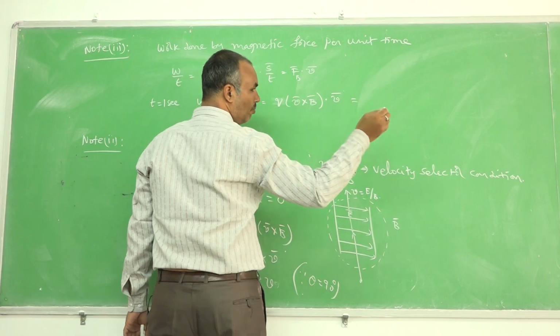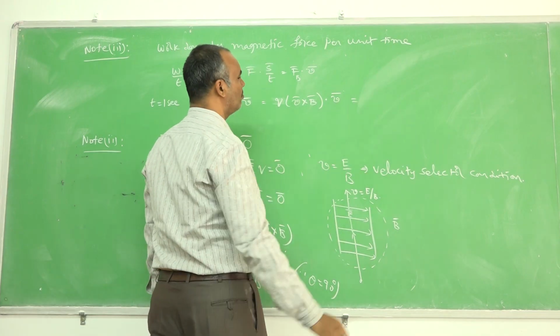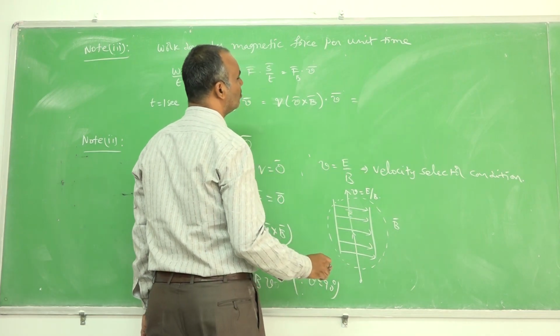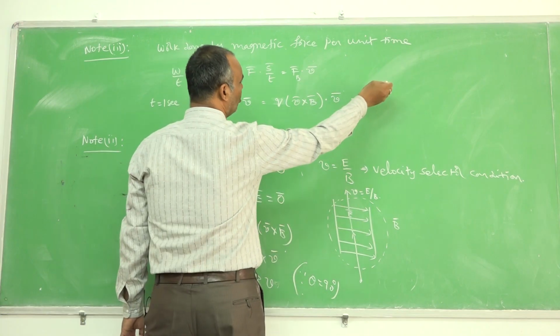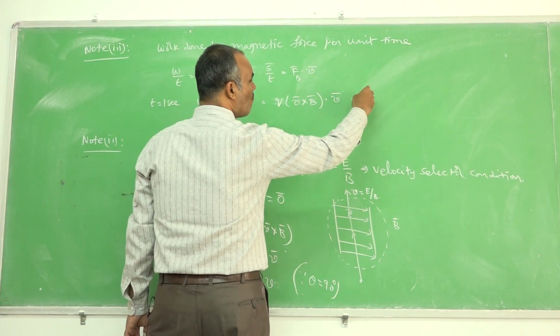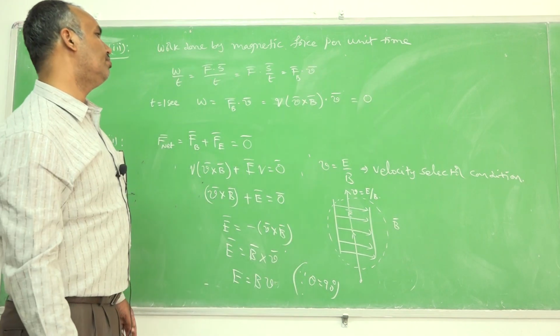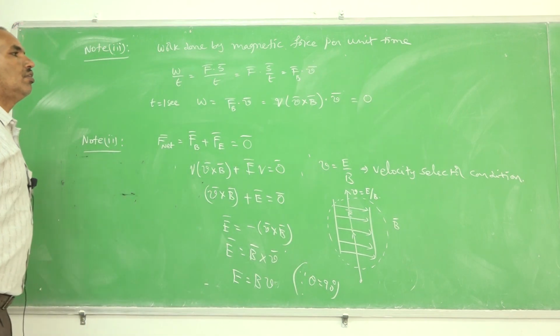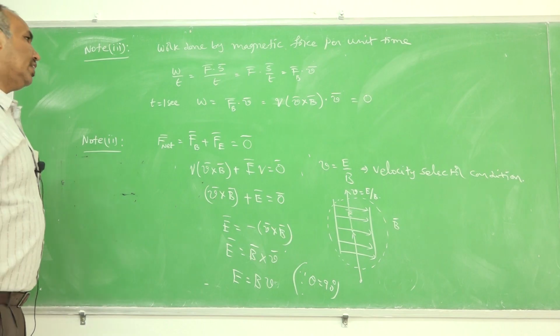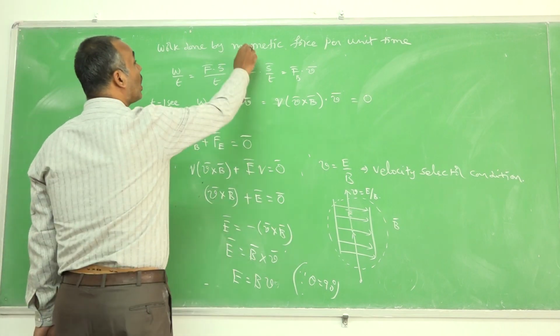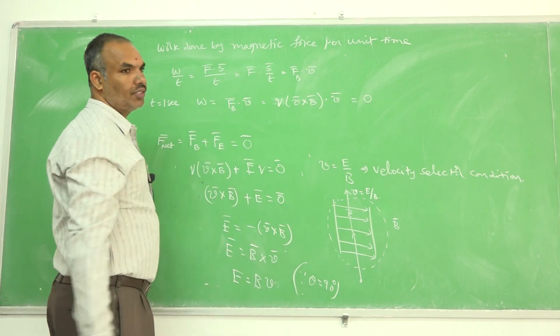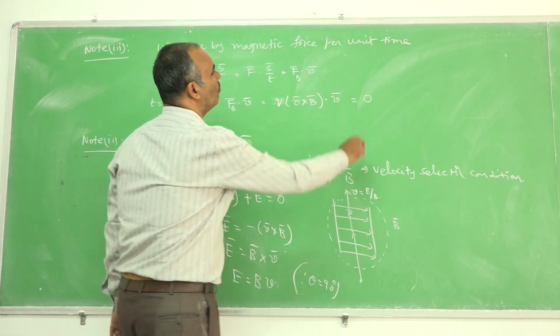Triple product means A bar dot B bar cross C bar. So its value becomes 0. That means work done by the magnetic force is always 0.